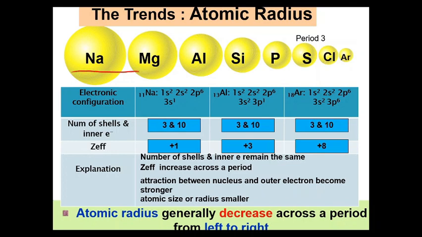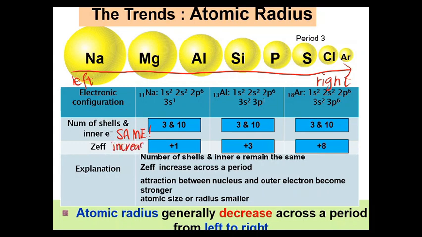When moving across period 3, that is from left to right, the number of shells and inner electrons remain the same, but the effective nuclear charge will increase.